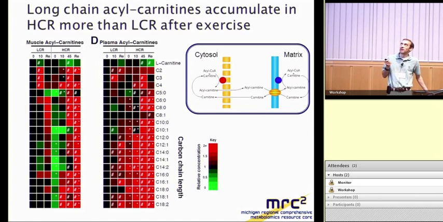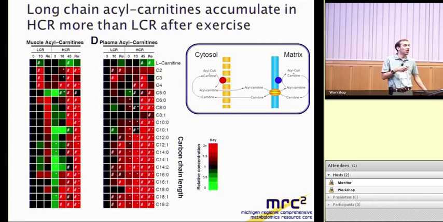So long-chain fatty acids are rapidly metabolized to acyl-CoAs. CoAs can't cross the mitochondrial membrane, so they need to be transported by some sort of transport process, and to do that, they're converted to carnitines.